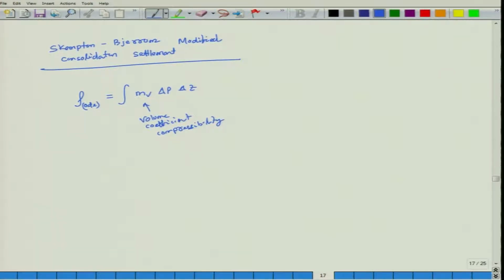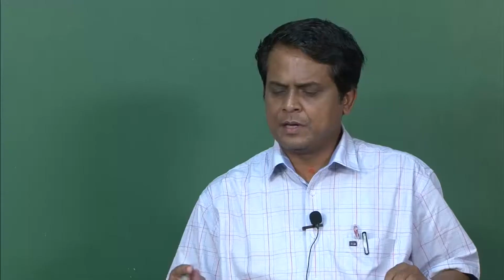Then you can find it out in the field, taking into consideration the consolidation settlement in the field, it will be consolidation settlement in oedometer into settlement ratio. So, you can get this mv from your consolidation test. I hope this has been covered primarily in soil mechanics, particularly in your consolidation part.